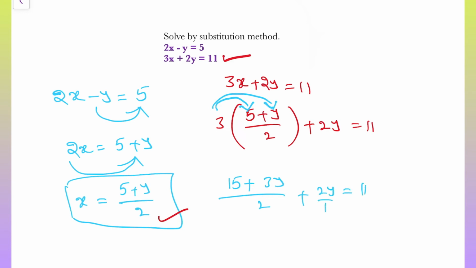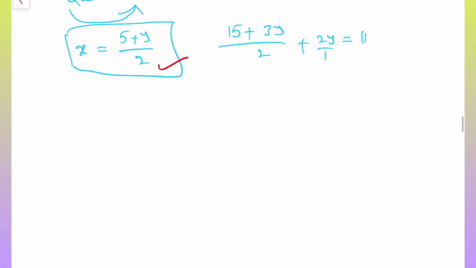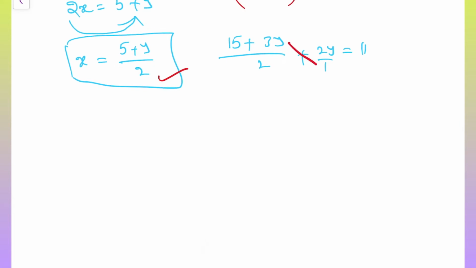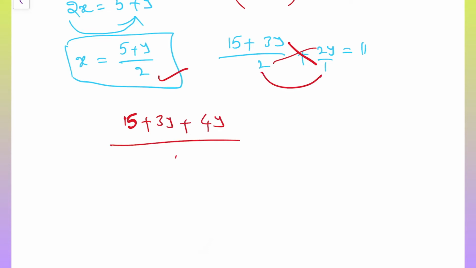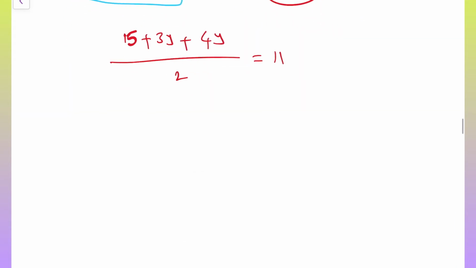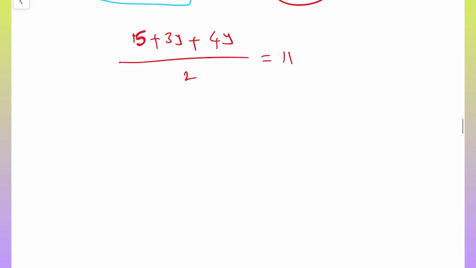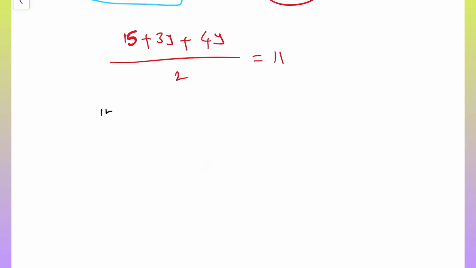This 2y I am writing as 2y by 1. Let us do cross multiplication now. So 15 plus 3y, and 2 into 2y, 2 2s are 4, 4y, by 2 1s are 2, equals 11. Let us simplify further. 15 plus 3y plus 4y, 7y, divided by 2 equals 11.